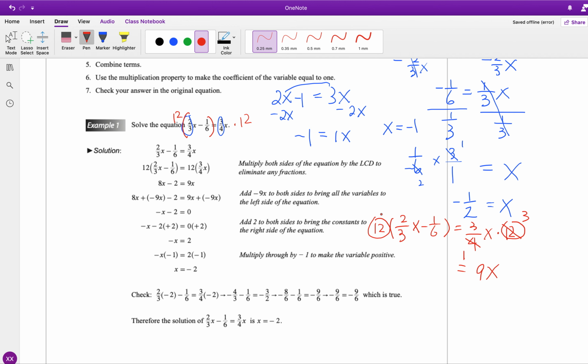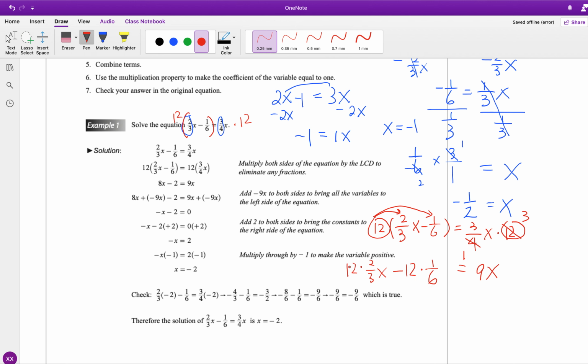You see that? It's not a fraction anymore. Beautiful. Now this one I'm multiplying by the distributive property, right? Because I cannot subtract this one. So multiply by 12, then I have to go in like that. The first one is 12 multiplied by 2 over 3x and subtract 12 multiplied by 1 over 6.